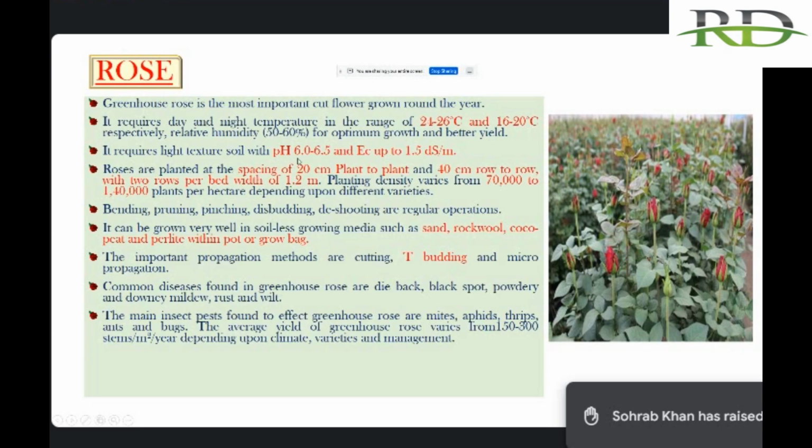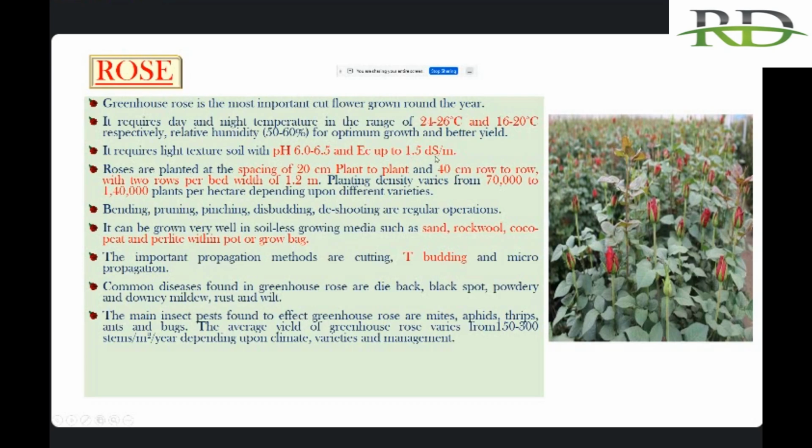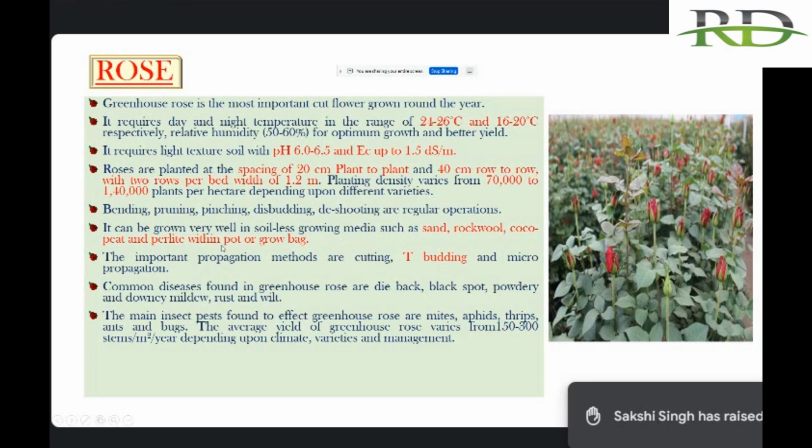The pH should ideally be 6 to 6.5, meaning a little bit on the higher side, not alkaline, and the EC should be around 1.5 decisiemens per meter. These can be grown in a soilless media bag, and the media can contain sand, rock wool, coco peat, perlite.